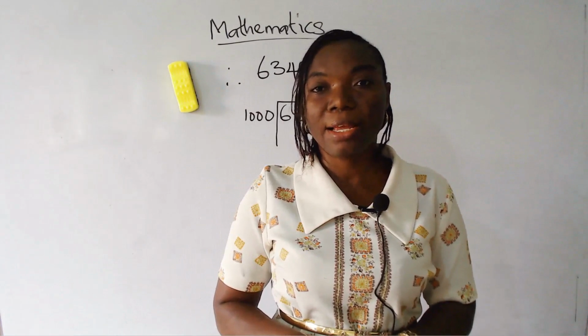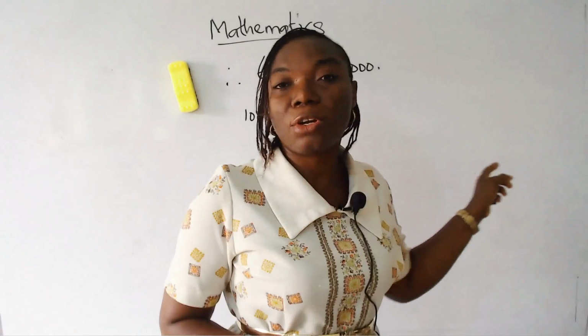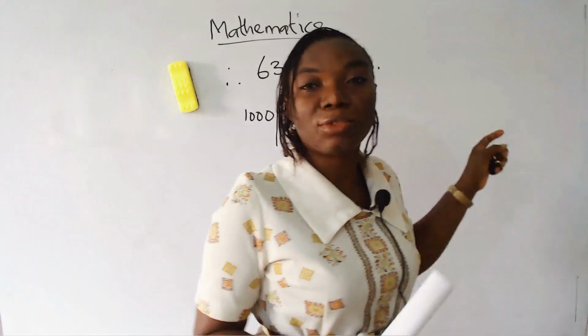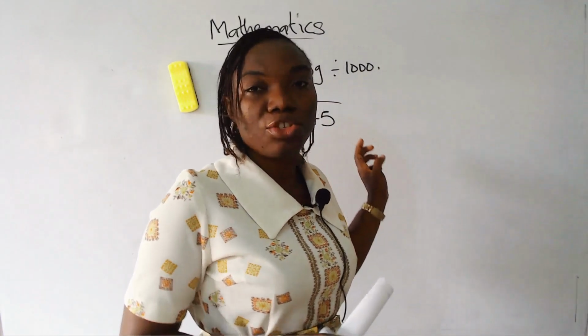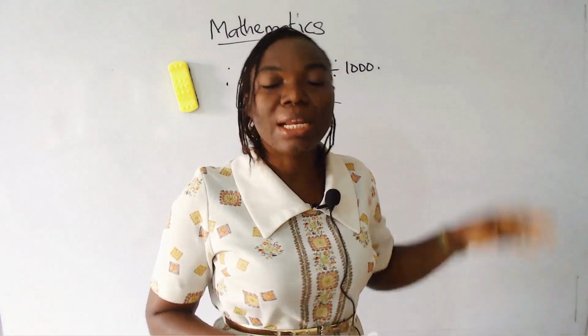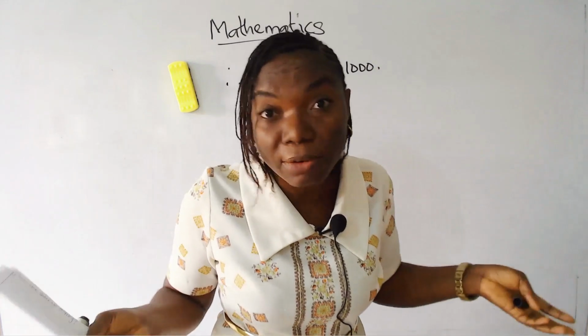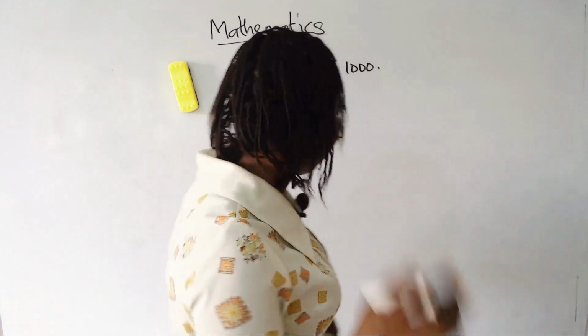Is that clear? Now, in this case, what we have on the board, 1,000 persons. It's assumed that 1,000 persons are to share 6,345 oranges. Now we're going to divide it amongst the 1,000 persons to see how many each of them will get. Is that clear?